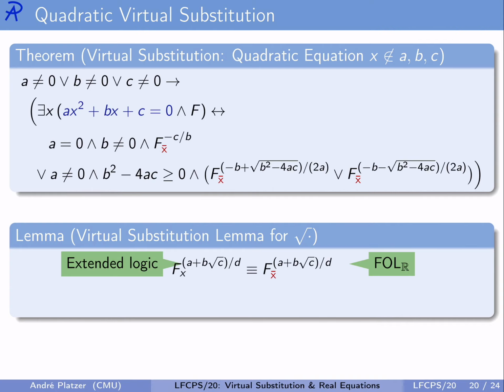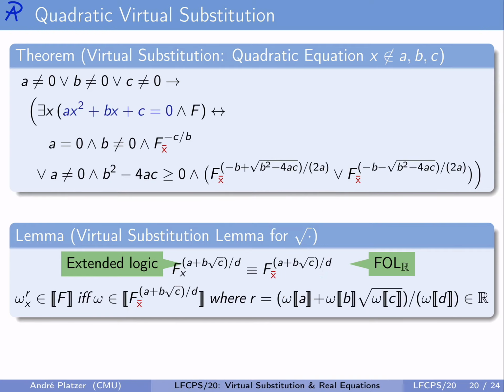In other words, here on the left-hand side, we're dealing with an augmented logic that is extended syntactically to admit square root and division expressions that usually aren't part of what we're talking about syntactically. But on this side, we really have pure first-order logic of real arithmetic without syntactic extensions. And the point is that the two are equivalent.